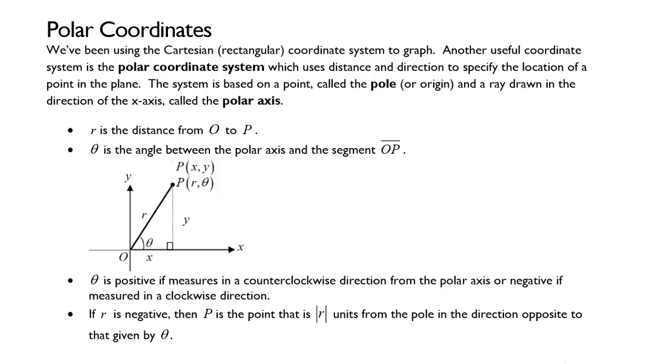The system is based on a point called the pole, or origin, and a ray drawn in the direction of the x-axis called the polar axis.